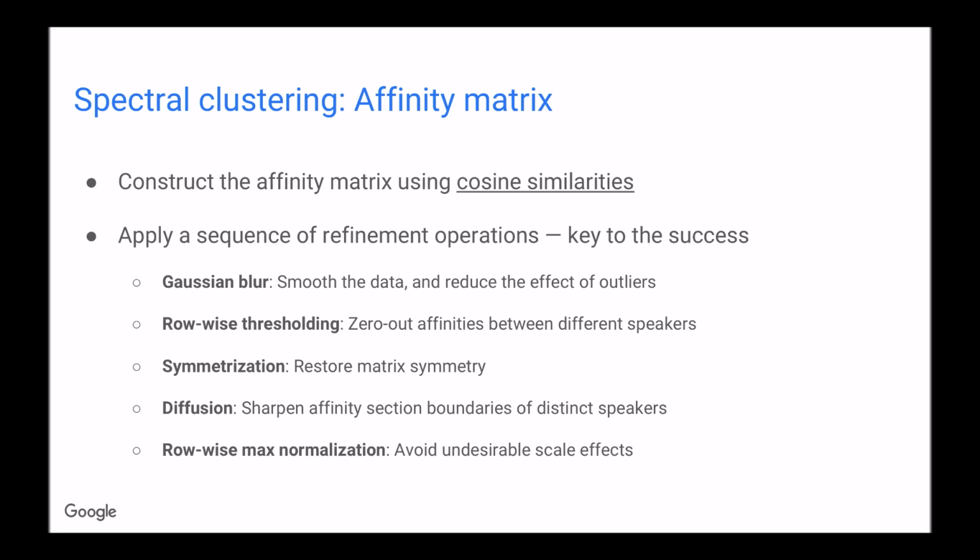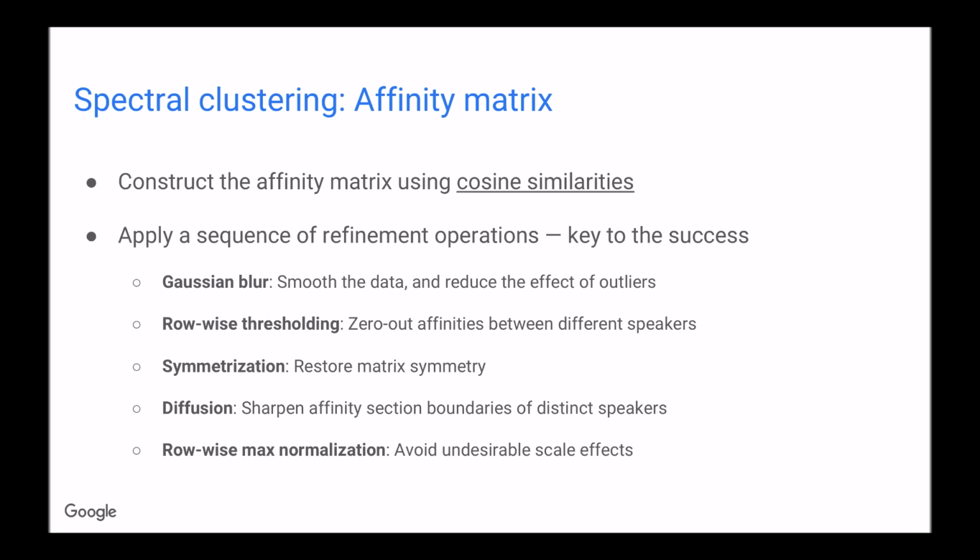So for spectral clustering, the first step is to construct the affinity matrix using cosine similarities between embeddings. Then we apply a sequence of refinement operations on the affinity matrix. And I want to mention that these refinement operations are the key to the success of our algorithm. First, we apply a Gaussian blur to the matrix.